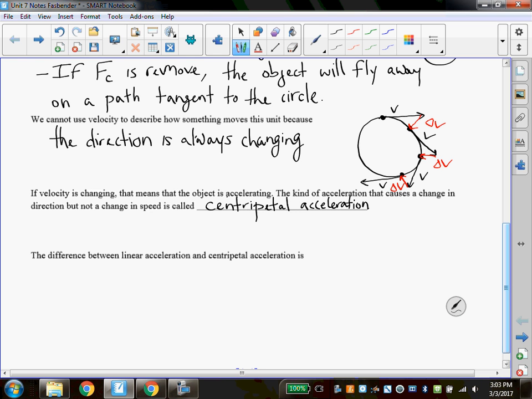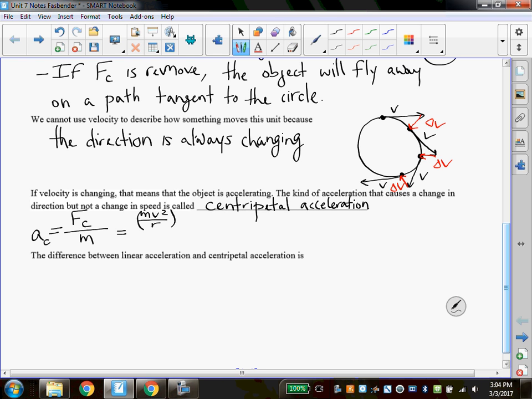Okay, and we actually can come up with an equation for centripetal acceleration as well. If we start with Newton's second law, we know that Newton's second law is acceleration equals net force divided by mass. But since we are going to specifically be deriving centripetal acceleration, I'm going to write in Fc instead of Fnet, since Fc is just a fancy name for Fnet, and then divided by mass. Now, we also have an equation for Fc. We wrote it above. It is mv squared over r.